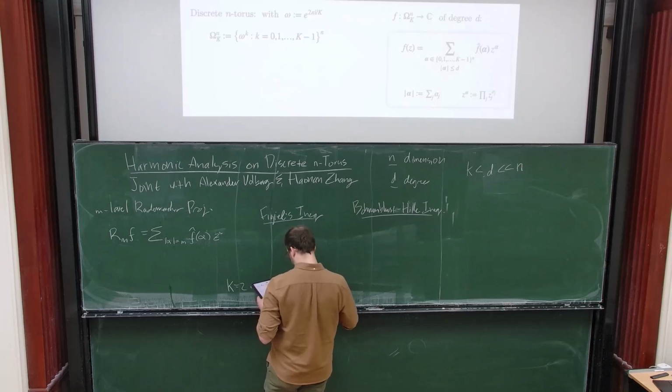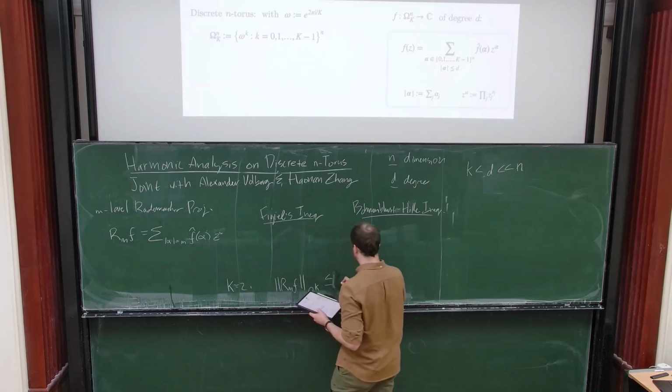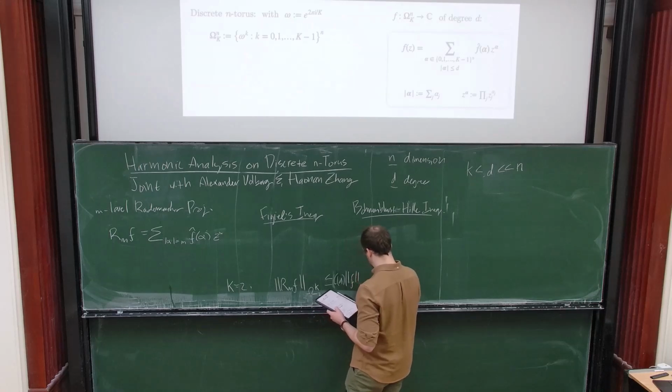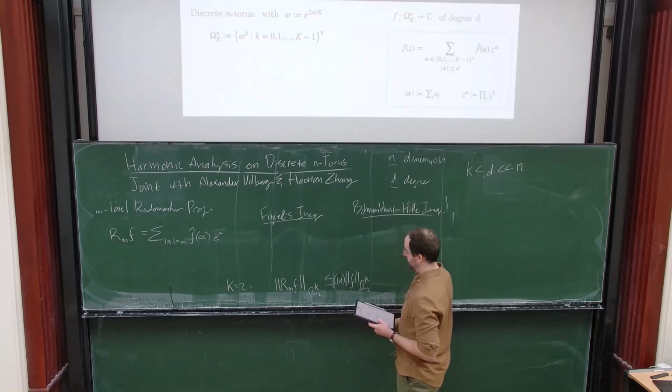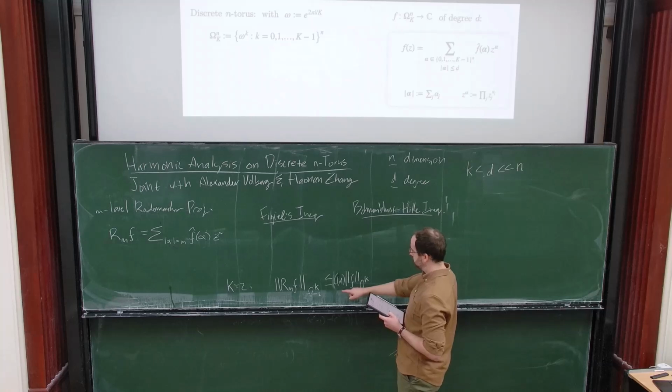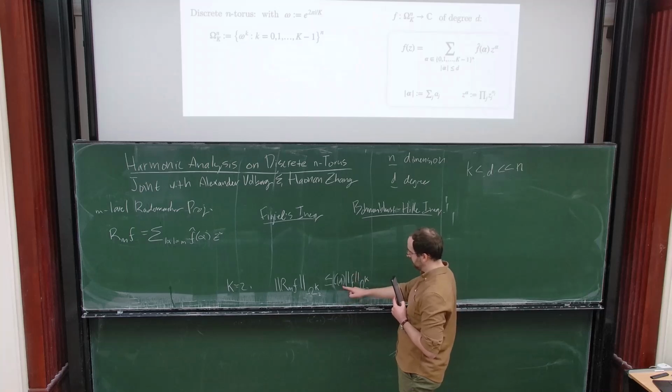Every norm that I'm working with is going to be the supremum norm. So I'm just going to write the space. There are now sharp estimates for what this constant is. The main point for us is that it is independent of dimension.